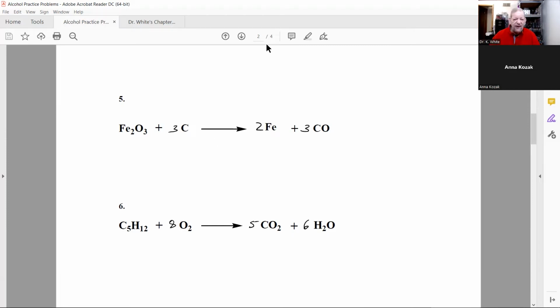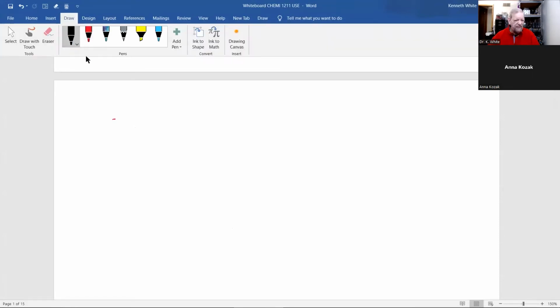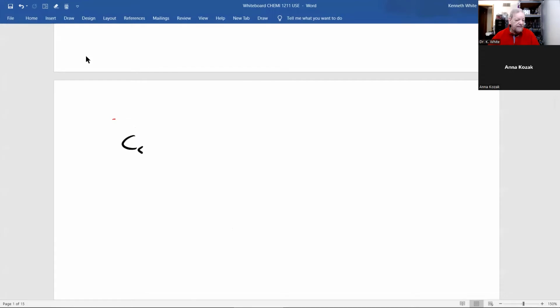All right, let's look at number 6, because this illustrates another thing that you should be familiar with. And this is called combustion, where you burn something with oxygen.